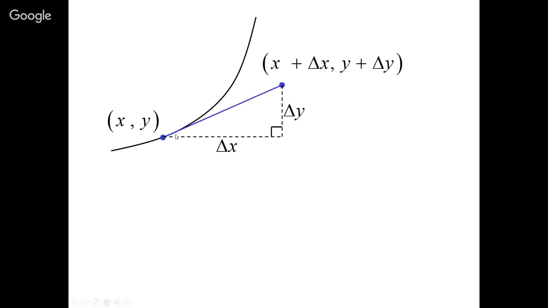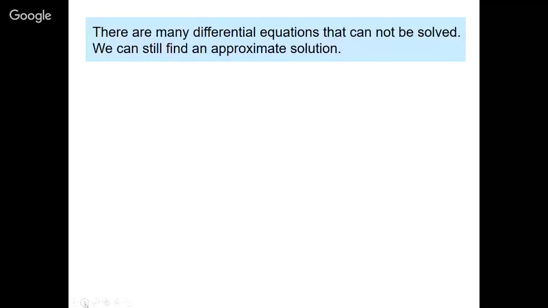If this delta x is small enough, and I've got this really blown up here, we will be pretty close to the curve, and this new point would be an estimation for a function value. Like I said, we estimate delta y by using the slope and multiplying it by delta x, and these two in effect cancel out, approximating delta y.